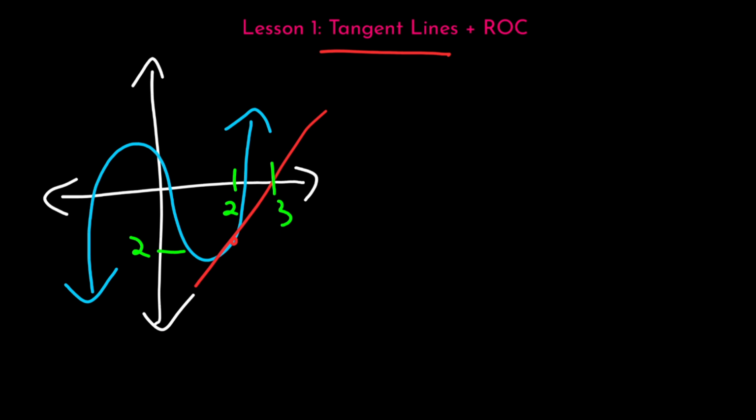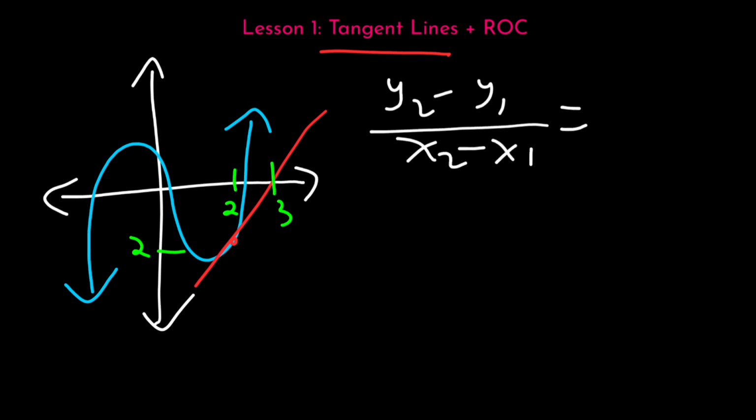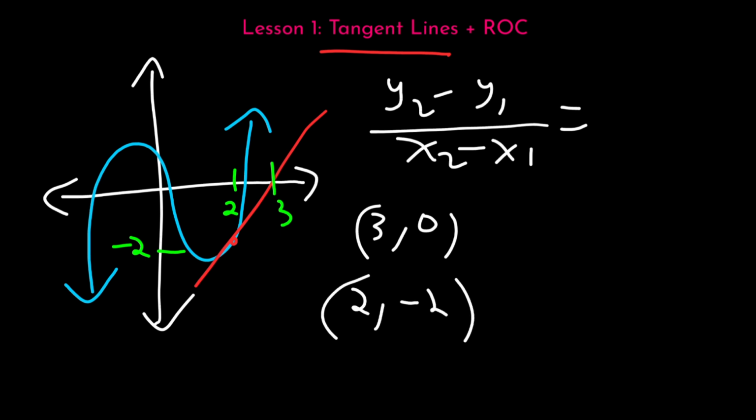So our rate of change is going to be y2 minus y1 over x2 minus x1, which is going to translate in our function to, let's get 2 points first. It's going to be 3 comma 0 is our second pair of coordinates, and then 2 comma negative 2 is our first pair of coordinates, right?